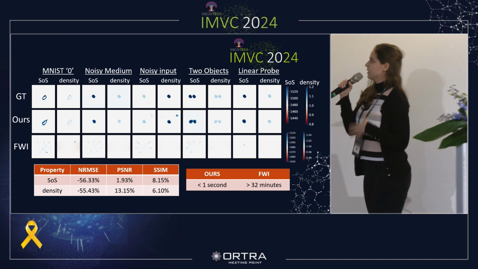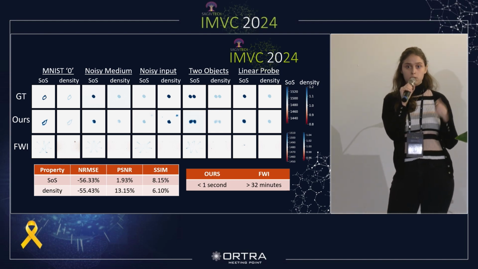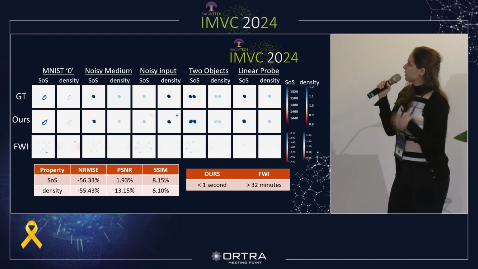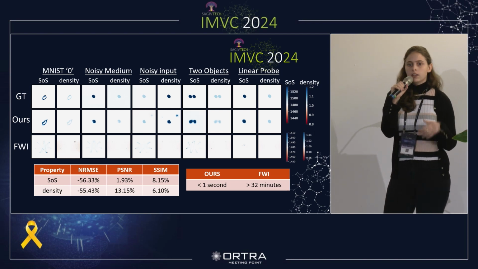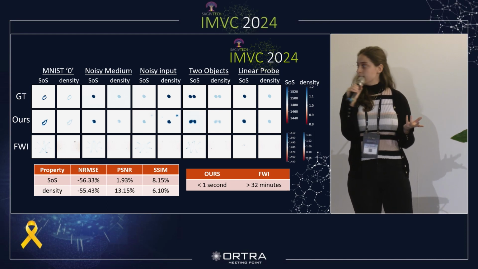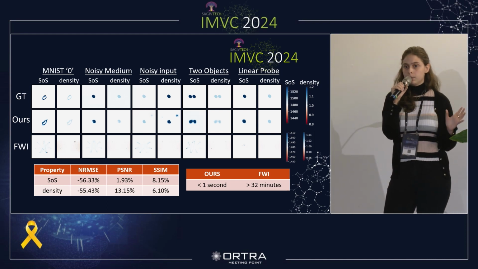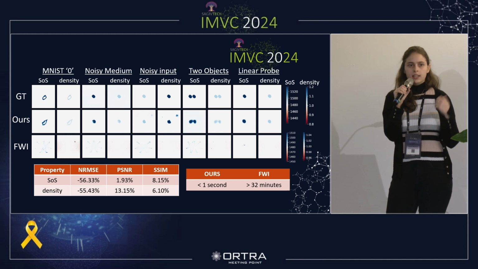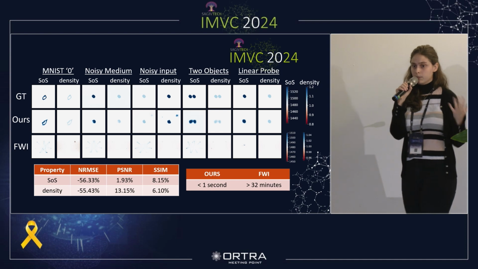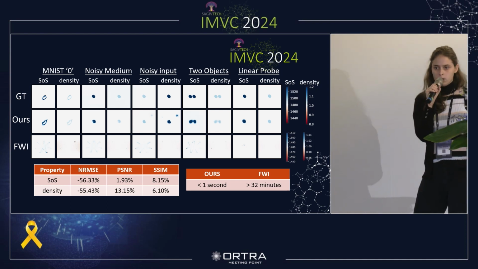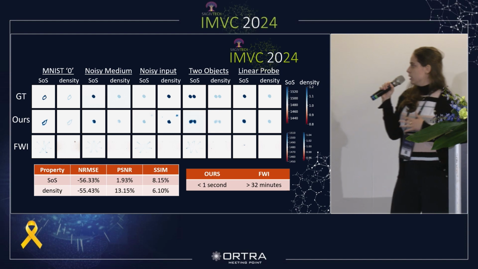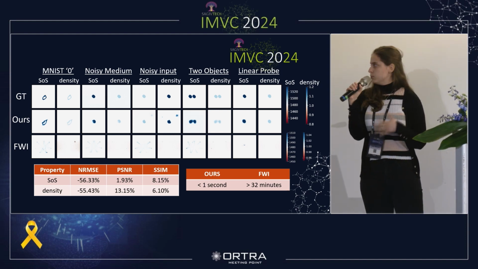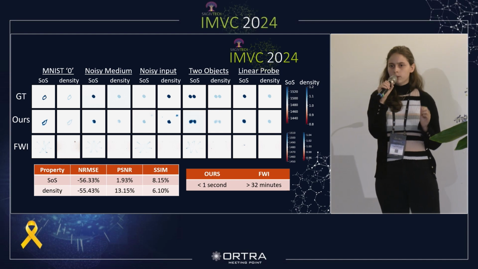We are able to reconstruct undefined object shapes based on MNIST digits with liver properties, a noisy non-homogeneous medium, objects with noisy input signals, and from different transmission setups, tomography, and the more complex one of linear probe. And our network was able to reconstruct 2 scattering objects, even when the training set consists of only 1 object in each example, demonstrating the generalization ability of the network. We achieve real-time results in less than a second, compared to FWI, which takes more than half an hour, and improved numeric metrics using data from only 8 elements.